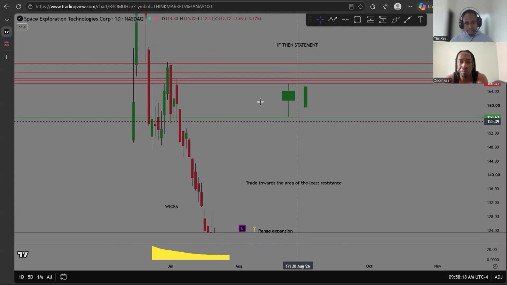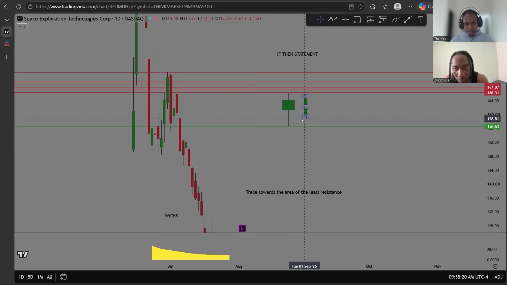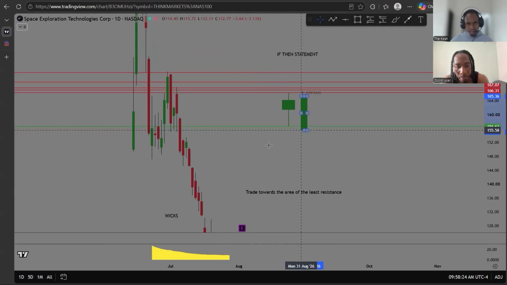Then that means the level of least resistance will be down, because above this high there are clusters of resistance levels.